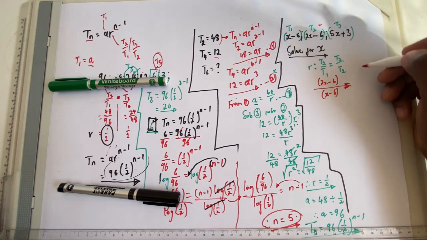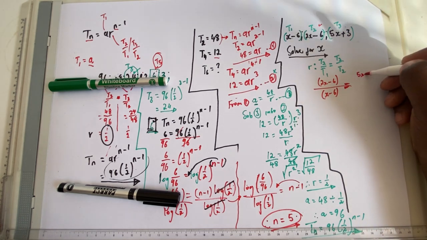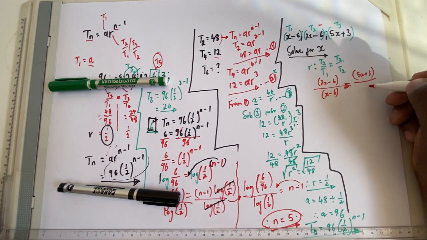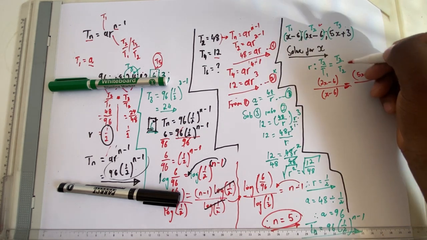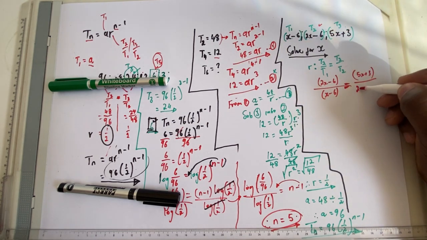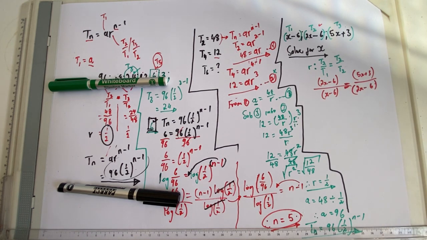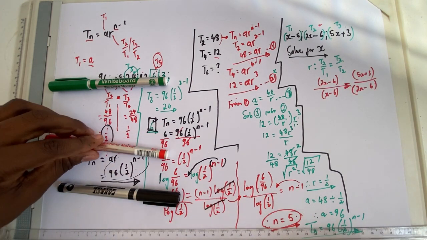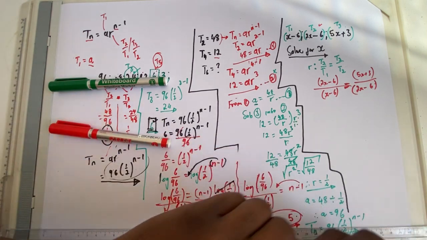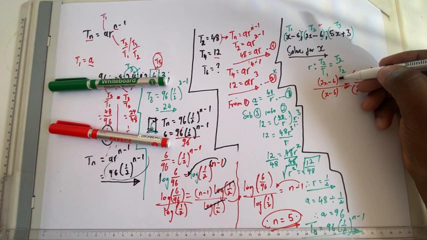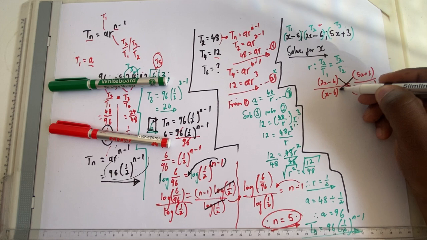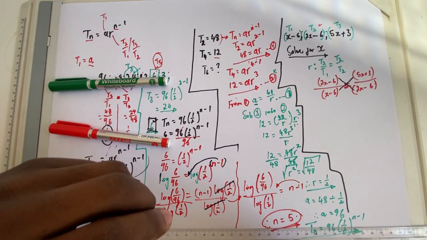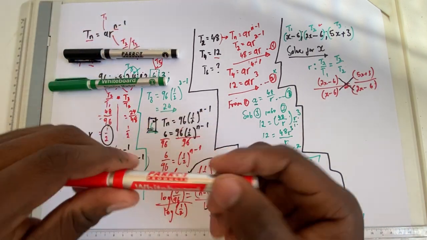Then the whole thing is equated to term number 3, which is 5x plus 3, divided by term number 2, which is 2x minus 6 close. So now that I'm at this stage, I can solve for x. Now I can cross multiply. What do I end up with?